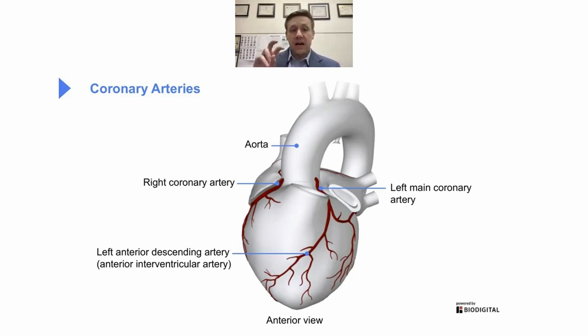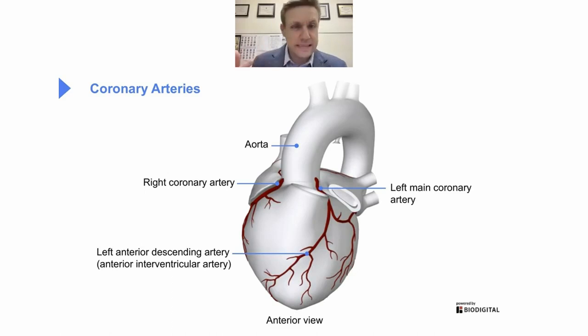The more anatomical description for this is the anterior interventricular artery. And that's actually a really great name. It's probably more descriptive than LAD because it's along that interventricular septum that we pointed out in the other image. And so we know where it's going based off of that name. Unfortunately, clinically, we don't really use that term.